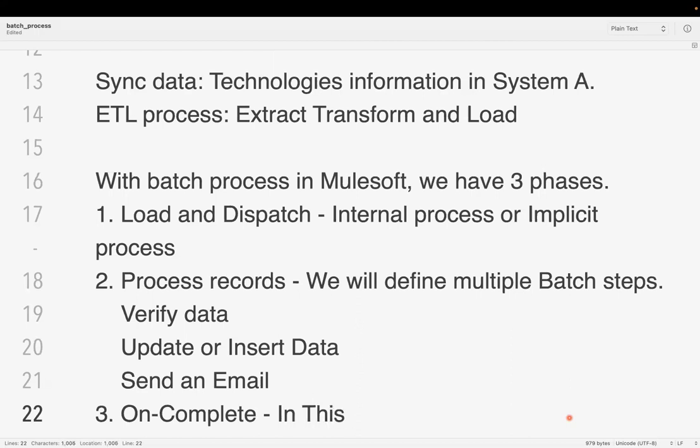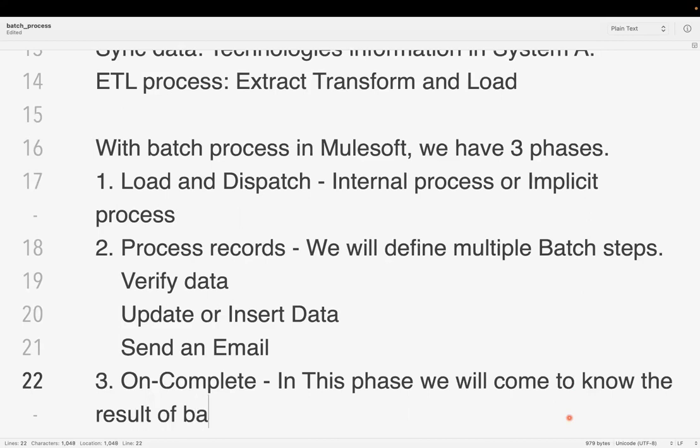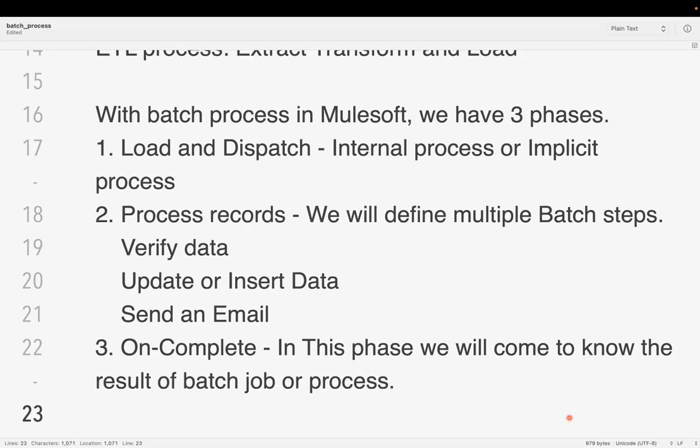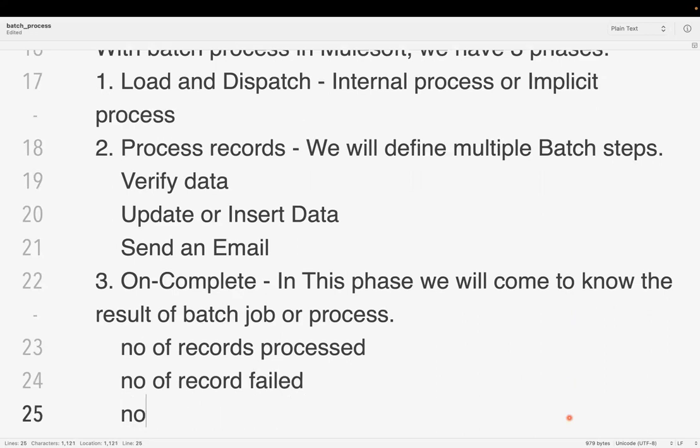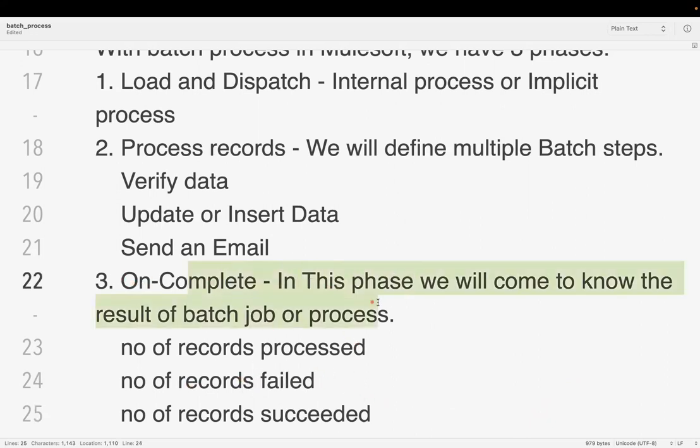In this phase, we come to know the result of the batch job or process, like the number of records processed, number of records failed, and number of records succeeded. These kinds of information we can come to know within the on complete phase.